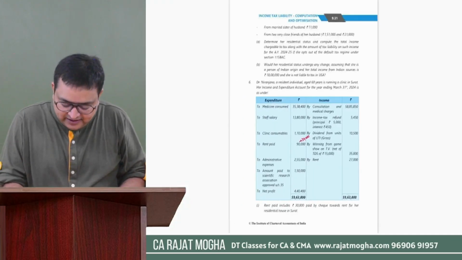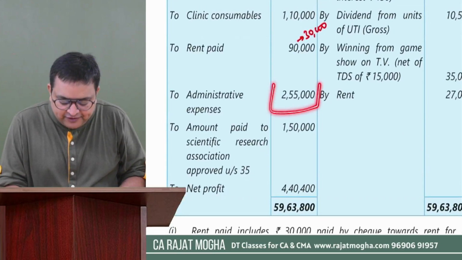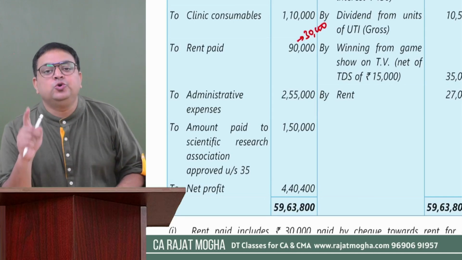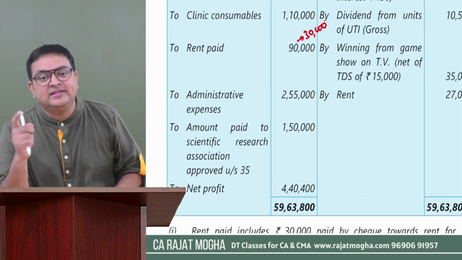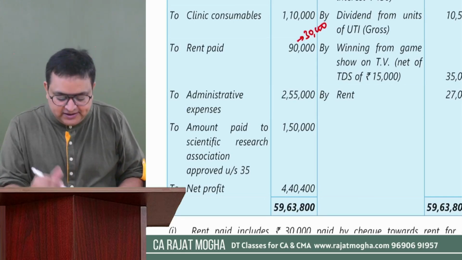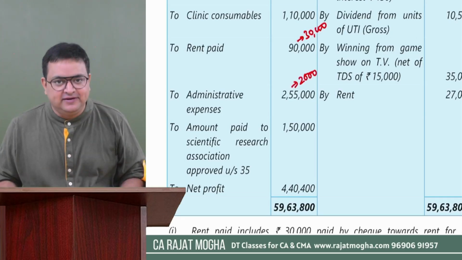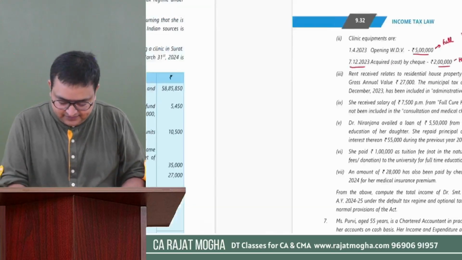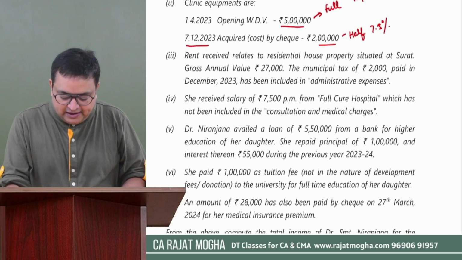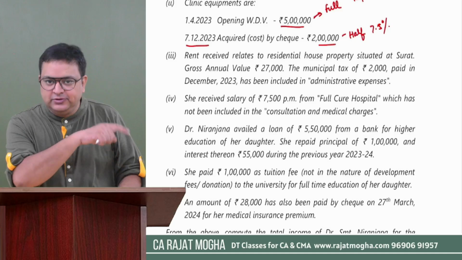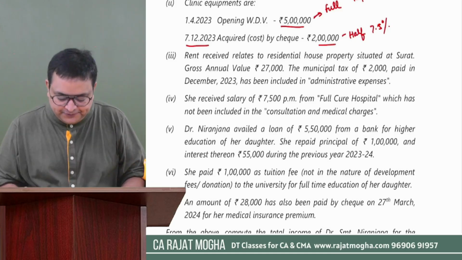So under administrative expenses, we have 255, but out of it, 2,000 is a municipal tax, and that too is related to your house property income. So you have to add back 2,000 rupees because that is not a PGBP expense, right? So you will calculate your house property income and also make that particular adjustment.